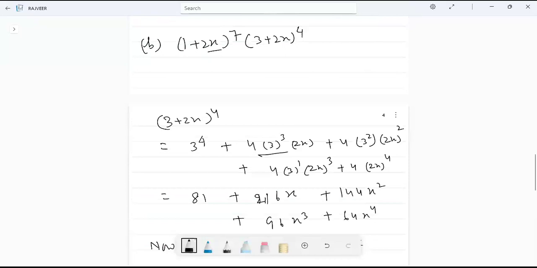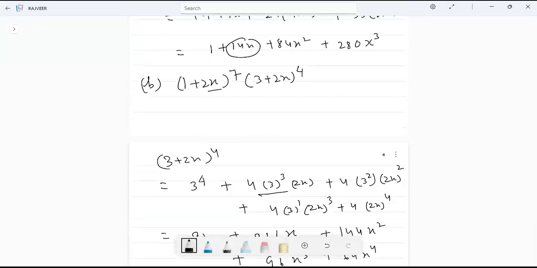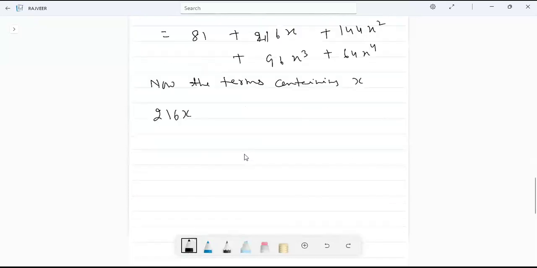We are just choosing those terms which contain x and multiplied by the constant so that it remains the same. 14x times 3 to the power 4. These two terms. So 14x into 81.